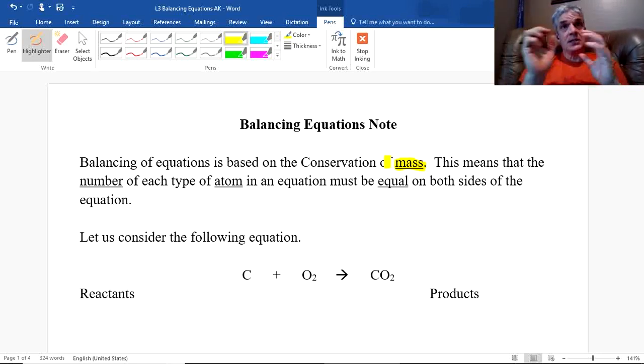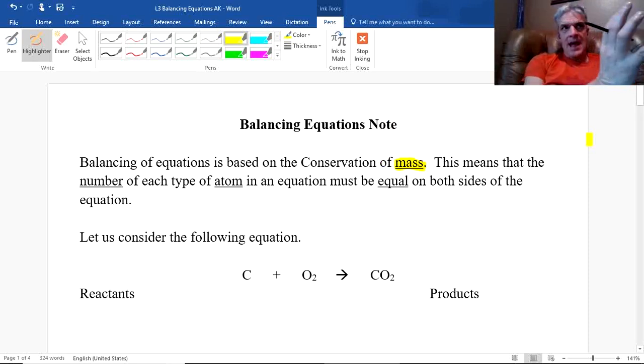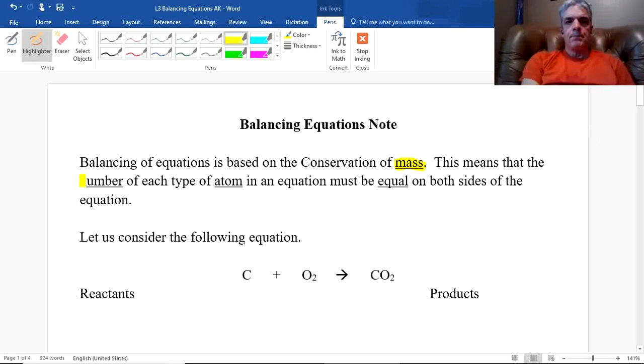And it has to be the same types of atoms. We can't just go messing around changing that. So essentially, the mass of things here will equal the mass of things over here. So on both sides of the equation, it'll be the same. So this means that the number of each type, every type of atom in an equation, must be equal on both sides of the equation.